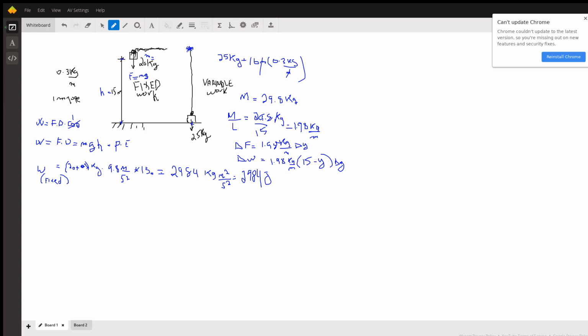So this is going to be 1.98 kilogram per meter times 15 times 15 is 225.